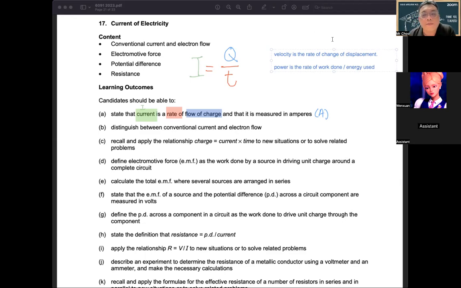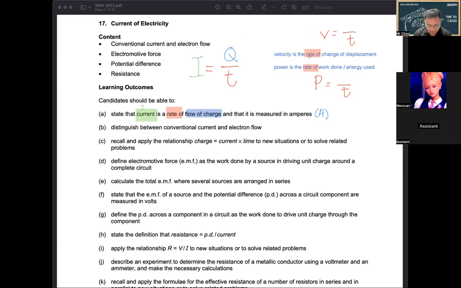Can you see the similarity here? They all have rate of. So when you see rate of, your formula will all have divide by T. Velocity is something divided by T, then power is something divided by T. Is that clear?